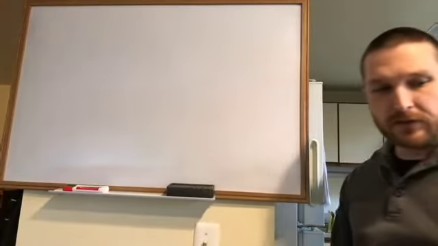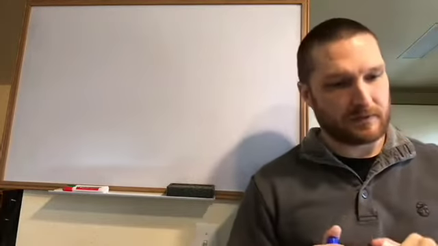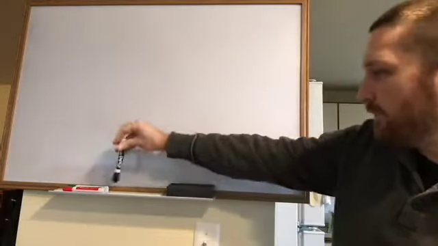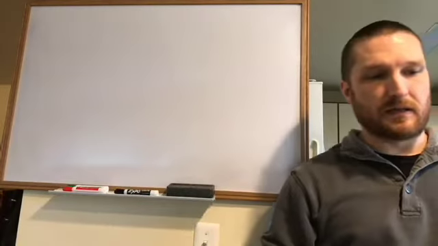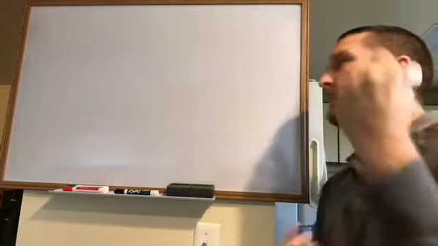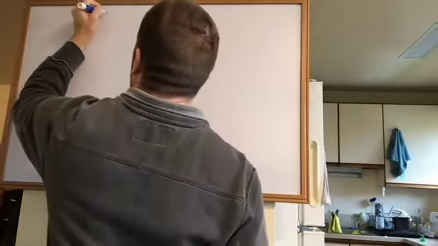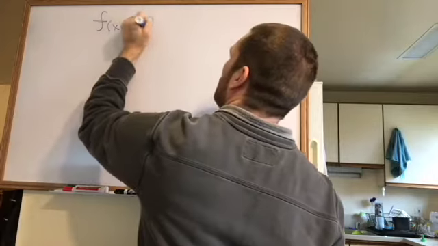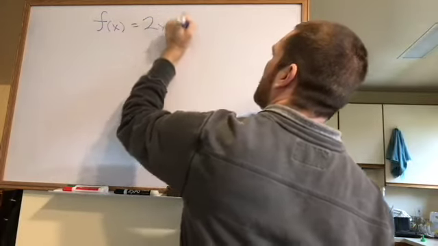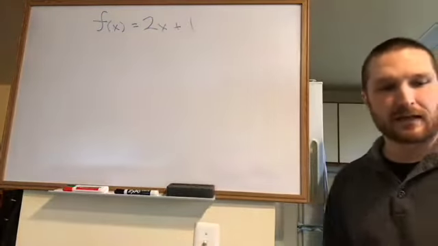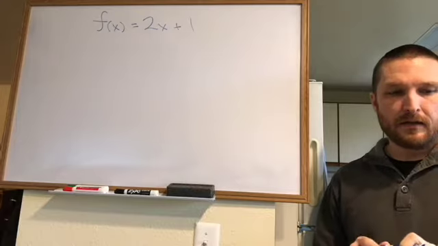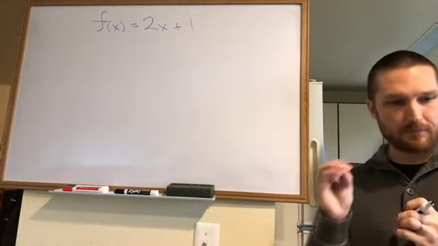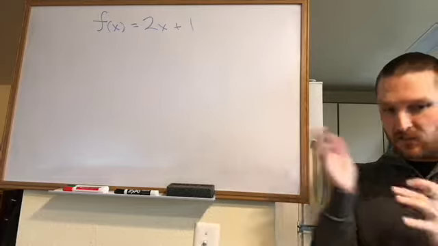So after looking at the homework that you've had up until now, I've seen that you have been given formulas. Something, oh, I don't know, maybe like this. We'll say f of x is equal to, how about 2x plus 1? Something like that. Now this thing is a function because it's a rule, right, which takes inputs and gives you different outputs.